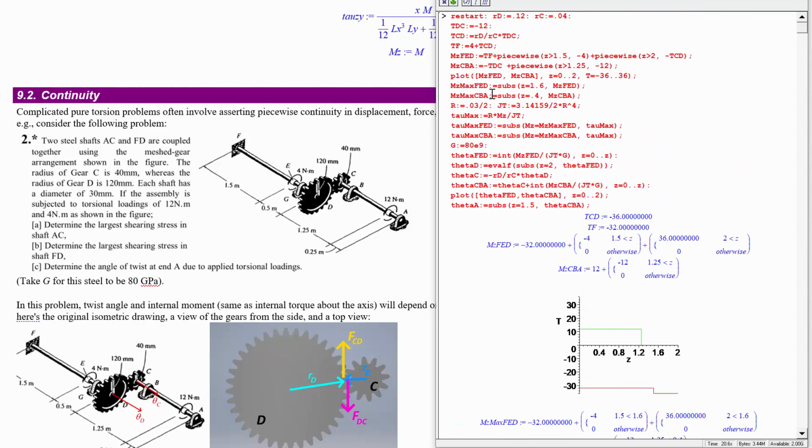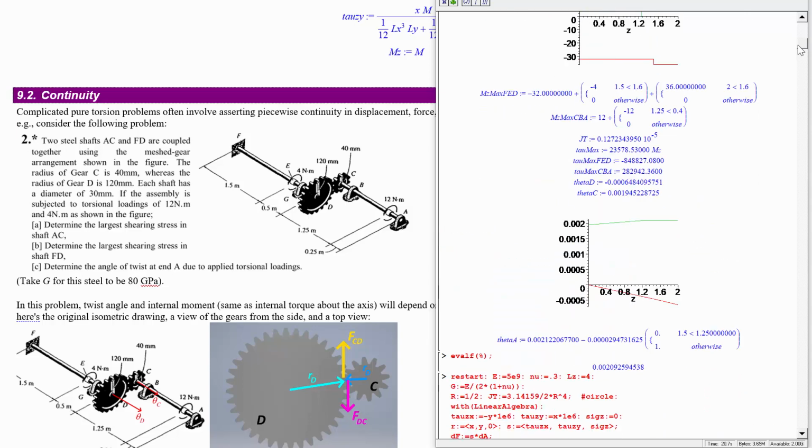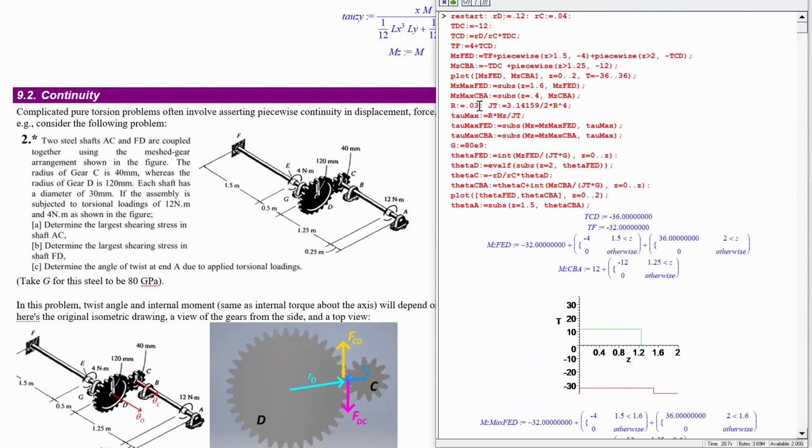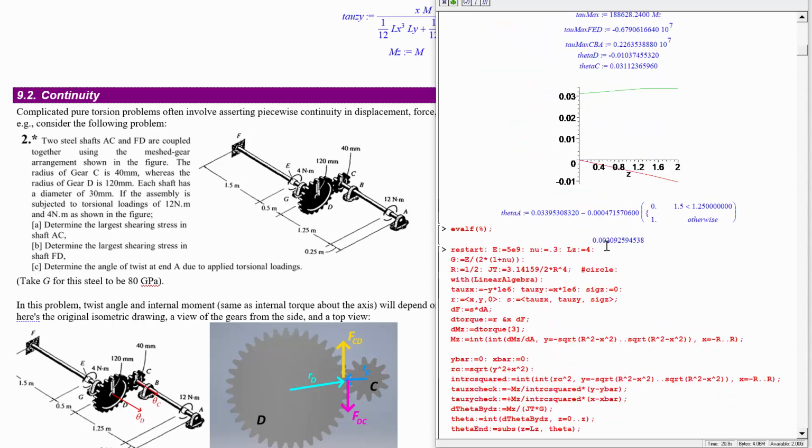So previously, if we made the shaft twice the diameter, we found that the final twist angle was 0.002 in radians. Now, when we make it half the diameter, the twist angle goes from 0.002 to 0.03.